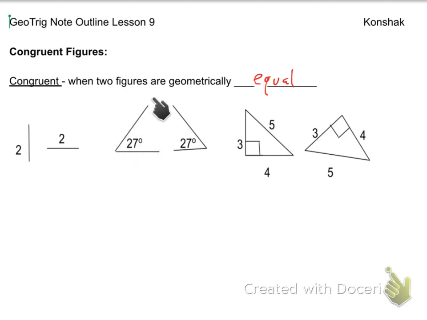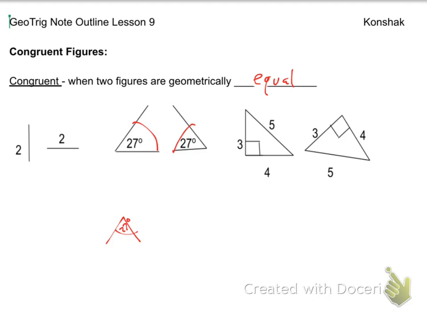That's something different. But this whole idea that the angle here and that angle there are 27. So if I made an angle here and called this 27 degrees, that angle is also congruent to those other two. It doesn't matter the way it's opening, where it's facing, all of those things.